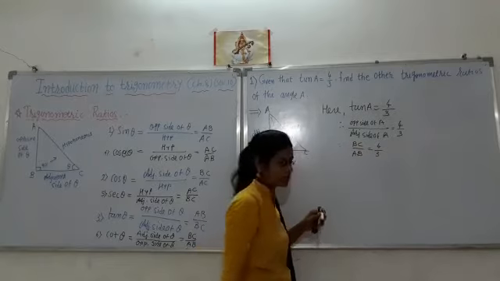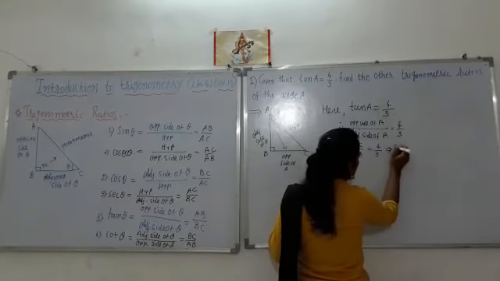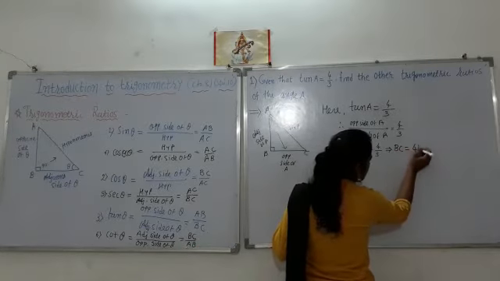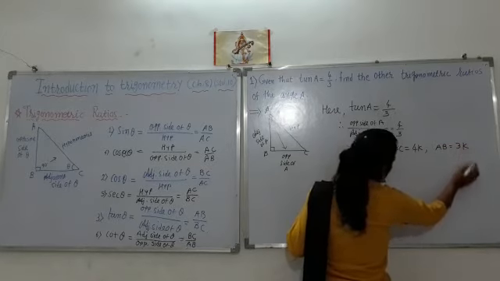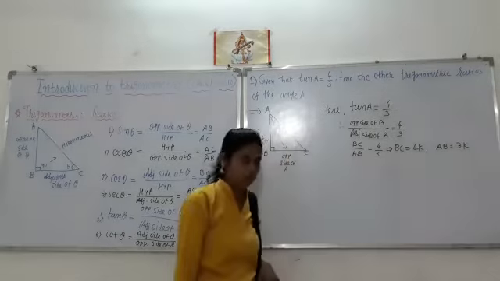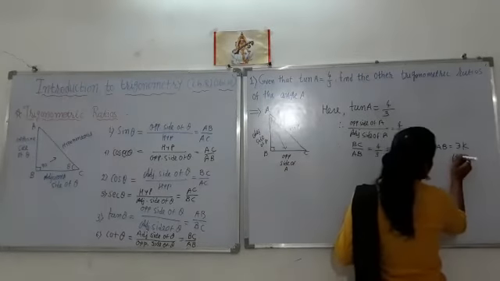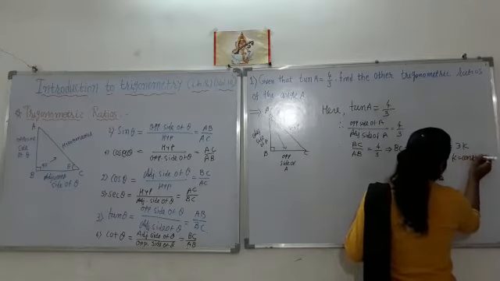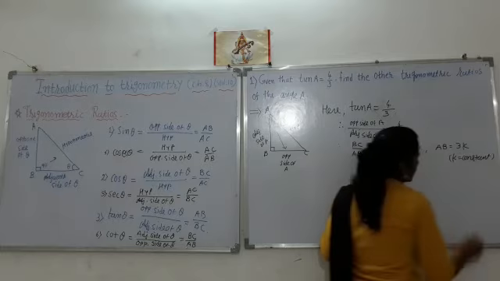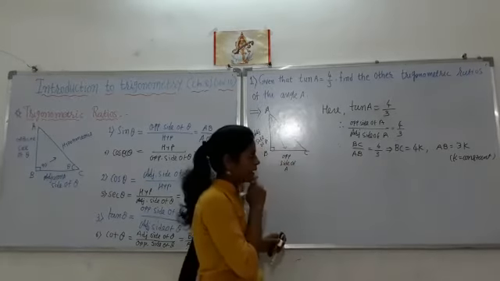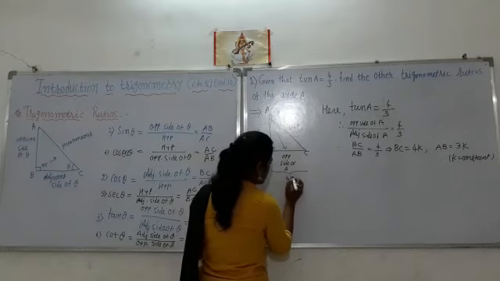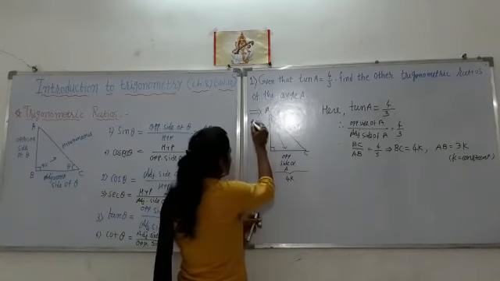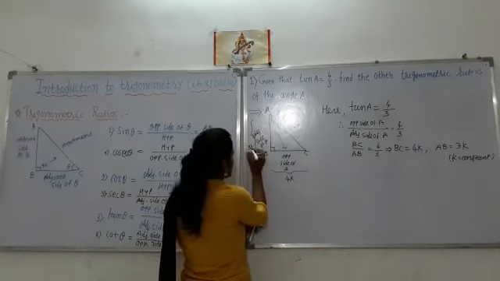Now removing the ratio, your BC is equal to 4K and AB is equal to 3K according to our ratio rules. K is a constant; you can take any variable instead of K. Now your BC measurement is 4K and your AB measurement is 3K.